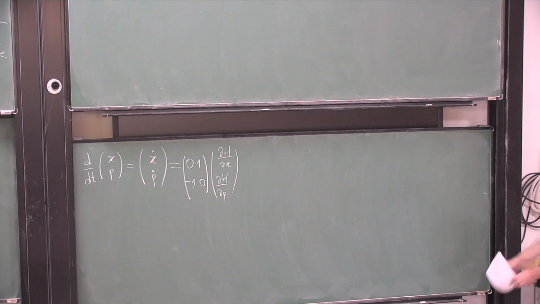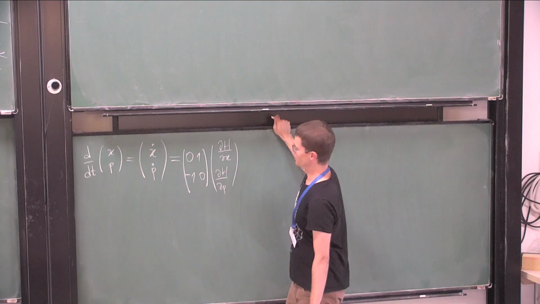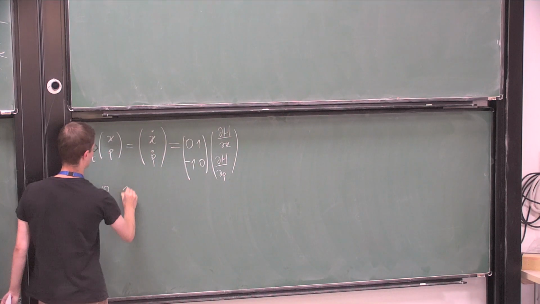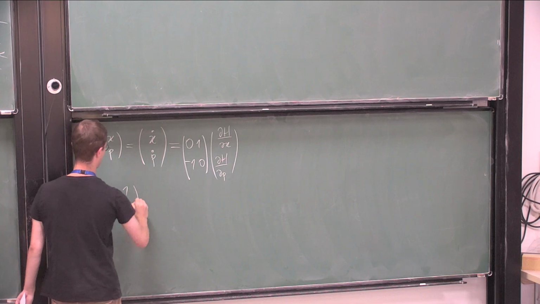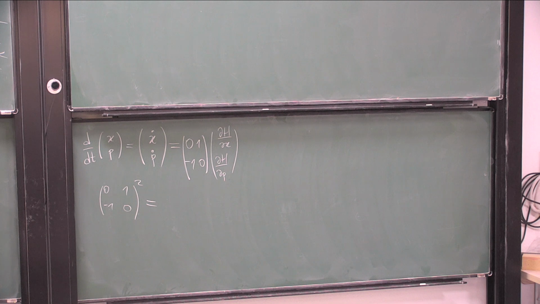So you have this interesting matrix appearing, and this matrix has a certain property. If you square it, 0, 1, minus 1, 0, what do you get? Minus 1, minus 0... minus 1?